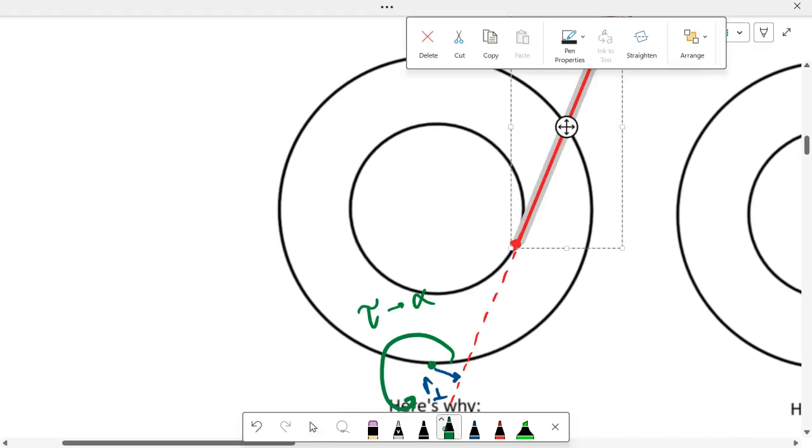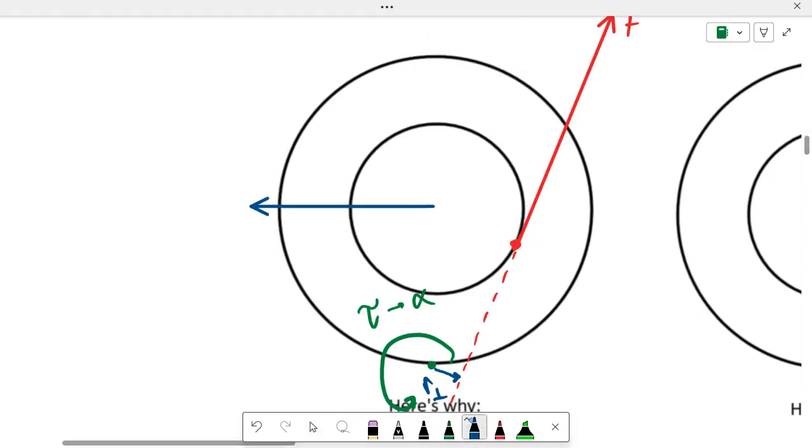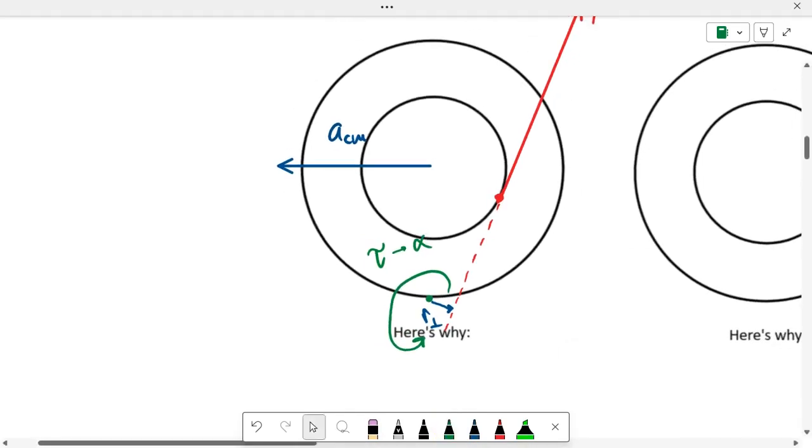This thing will ACM to the left, because it has to translate in a direction analogous to that rotational angular acceleration.